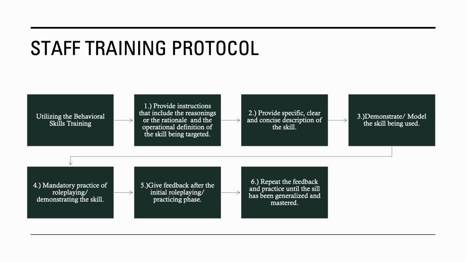Moving forward from that, we demonstrate or model this skill or procedure being used. 4, we require practice of role-playing or demonstrating the skill. We then give feedback after observing the initial role-playing or practicing of the skill, and then we move forward to repeat the feedback and practice until the skill has been generalized and mastered.